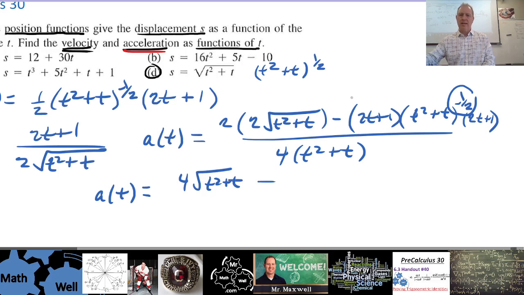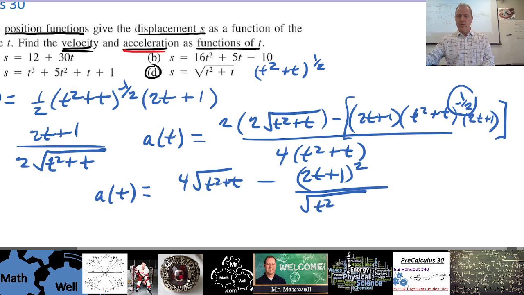We're going to be subtracting. Now, a secondary set of brackets might be appropriate, but we're going to be subtracting. This is going to be 2t plus 1, looks like squared, over root t squared plus t. Does that look right?